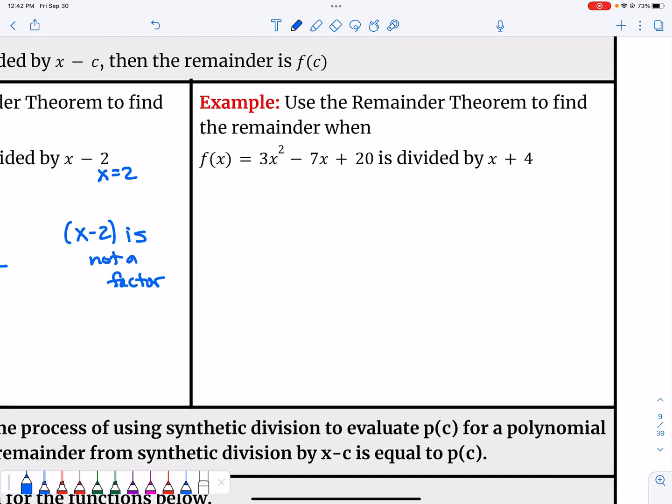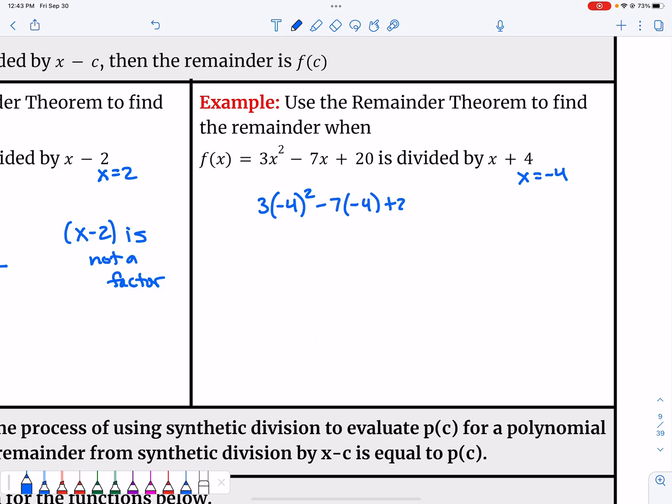Same thing here. We could either plug in -4 for synthetic division, or you can plug in -4 into the function. So let's just do it a different way this time. So let's say 3 times, and I know my root is -4. That's why I'm plugging that in.